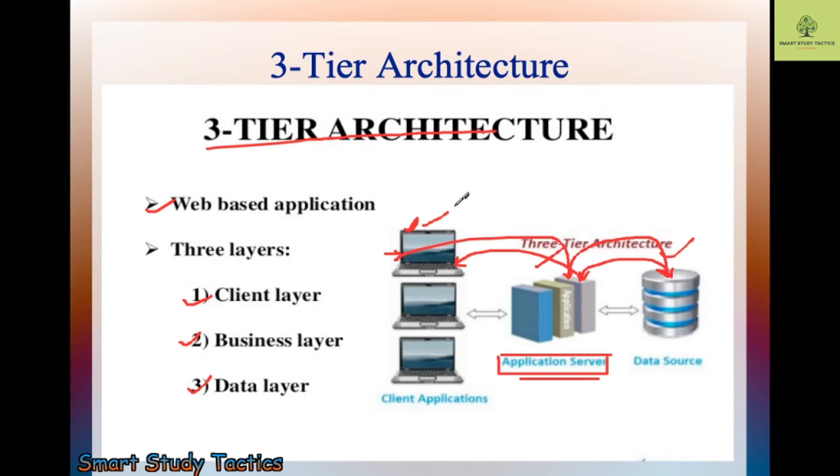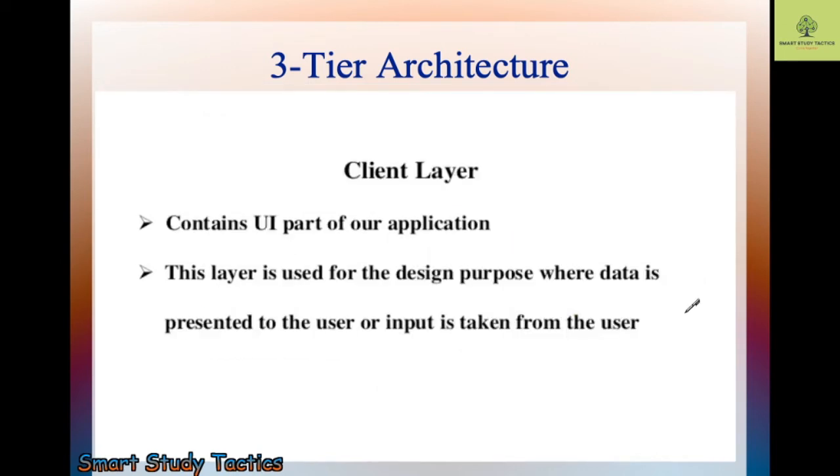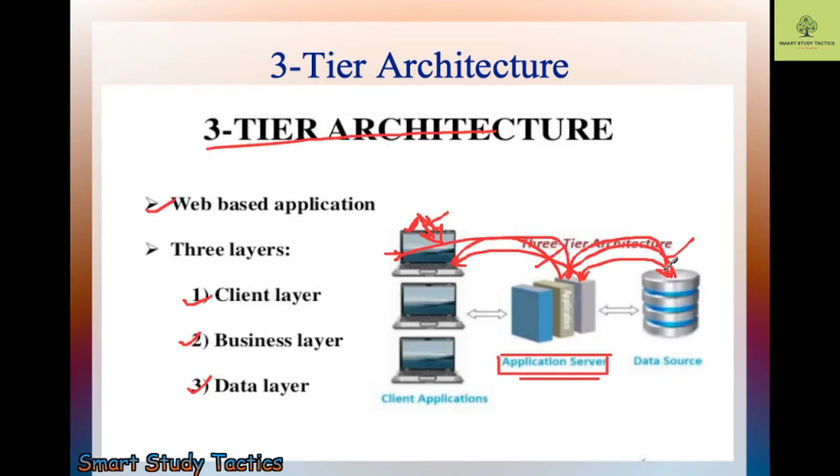So here is the interface. The user is using the interface to access the necessary information, and it is directly sent to the application server, and the application server sends the filtered request to the data source, and the data source returns the result according to the user's choice. Is this clear to all of you?